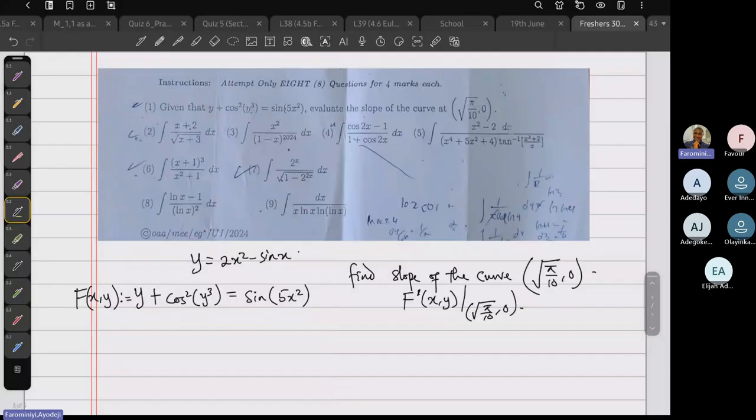But when you look at this function here, you cannot write y as a function of x explicitly. Everything is mixed up. It's an implicit definition. So the y's and the x are together. To take the derivative of something like this means you have to differentiate both sides of the equation. So you want to differentiate y plus cos squared y cubed, and you also want to differentiate sine 5x squared on the other side.